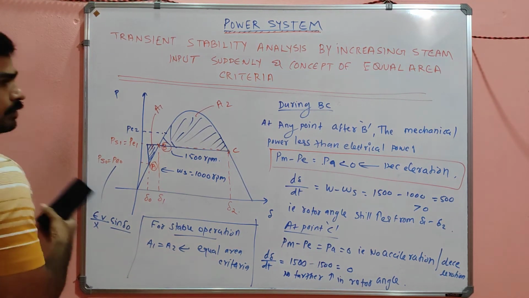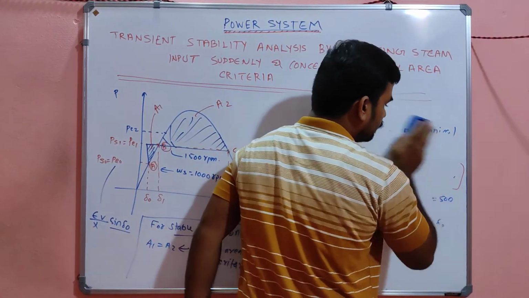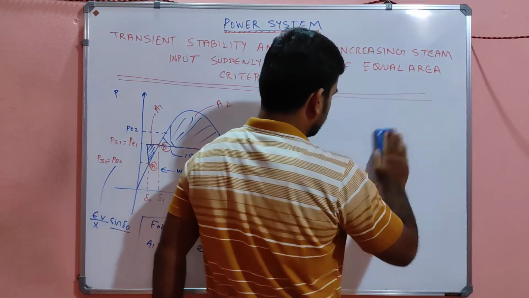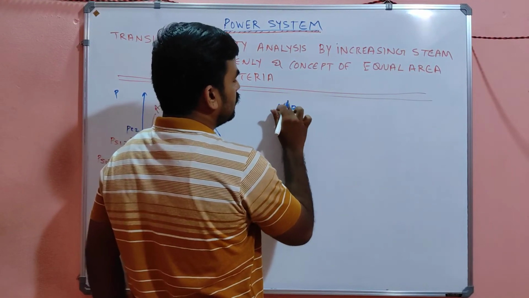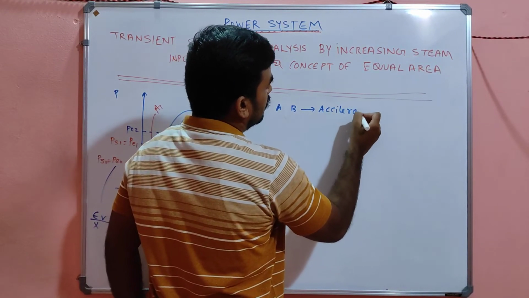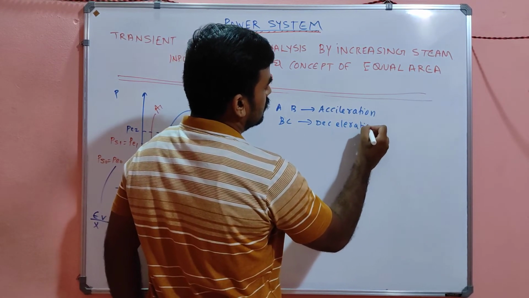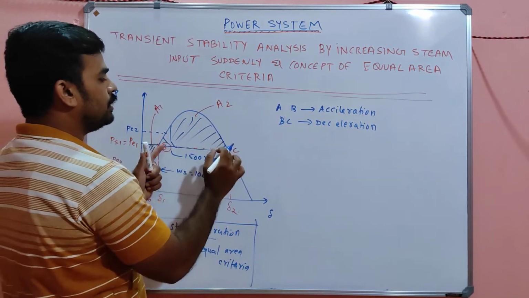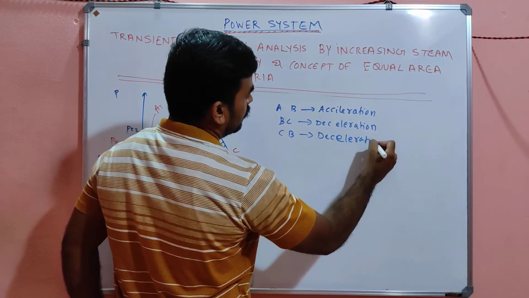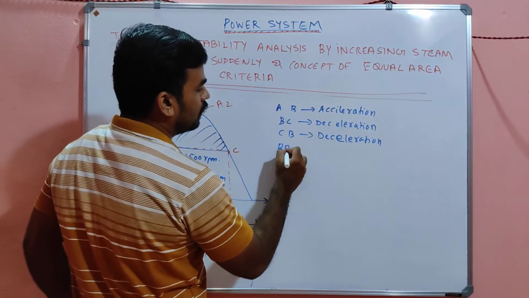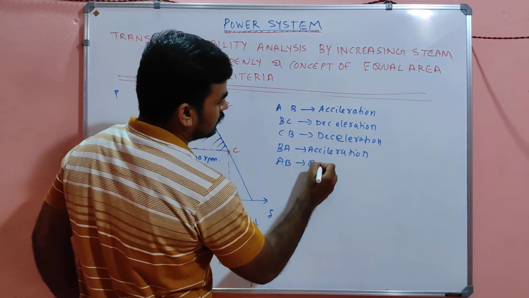Okay. See, my dear. Listen. So I can say that A to B is acceleration, B to C is deceleration, again A to B acceleration, B to C deceleration, C to B again deceleration, and B to A again acceleration, again A to B acceleration.